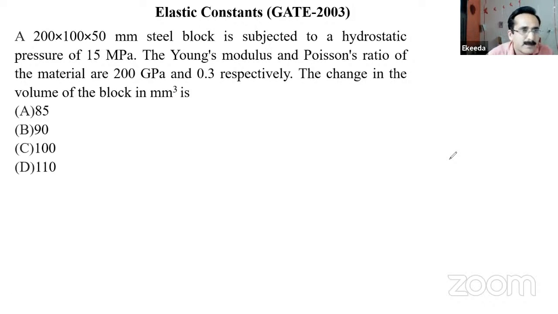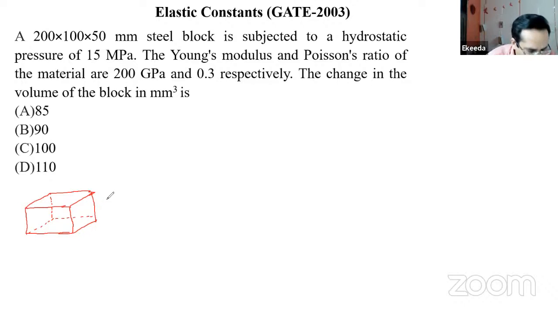One of the questions is that a 200 by 100 by 50 steel block is there. Steel block is there, a 3-dimension block is there. So this is a 3-dimension block, suppose. 200 by 100 by 50, it means the volume is given.